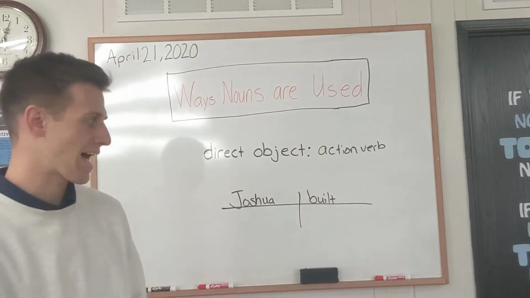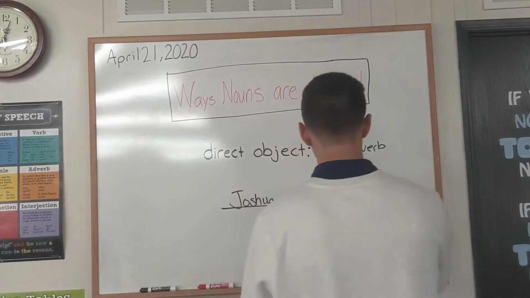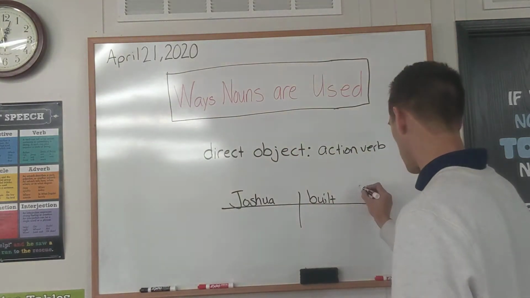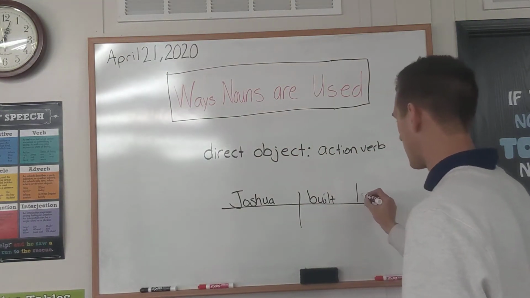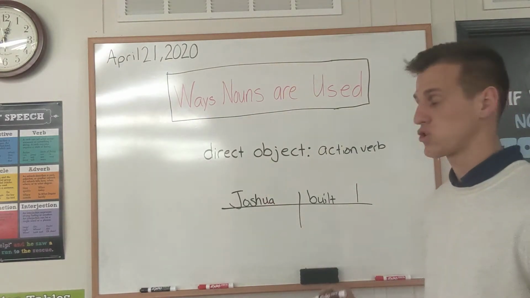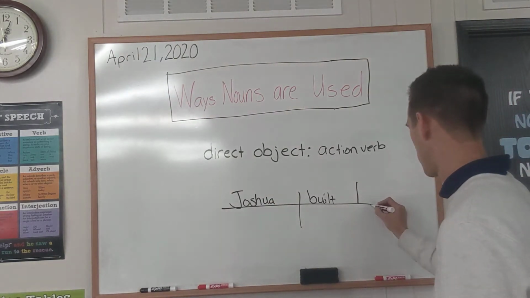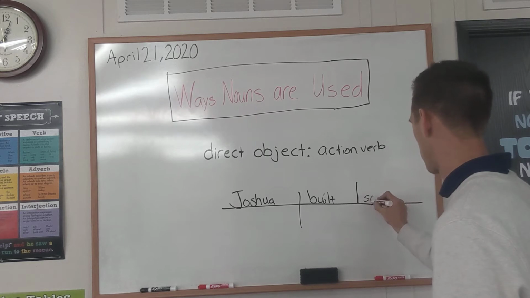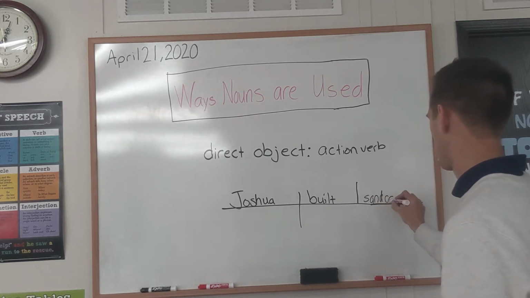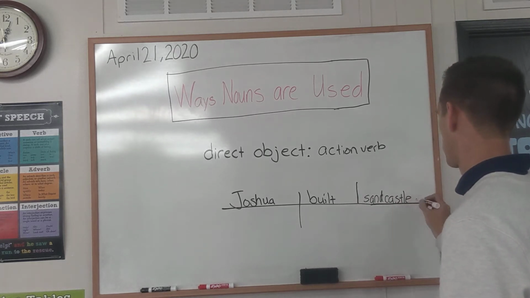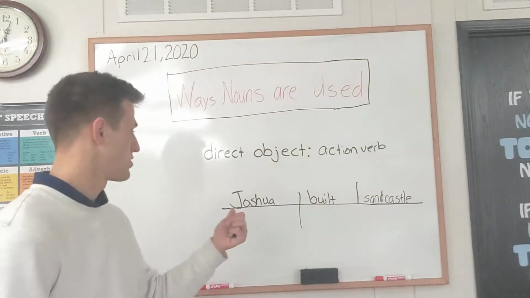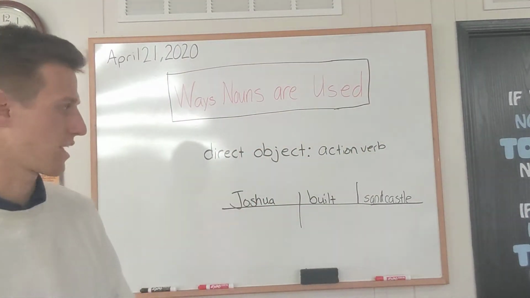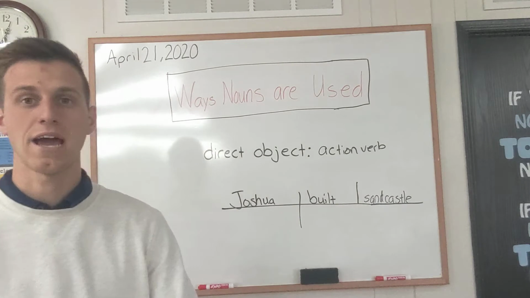He built a sandcastle. So remember our direct objects get diagrammed on the same line as our action verb, except this time it's not getting linked back to our subject, so we just use a straight line, and we're going to write sandcastle right there, all right? Joshua built a sandcastle. That's where our direct objects get diagrammed, all right?